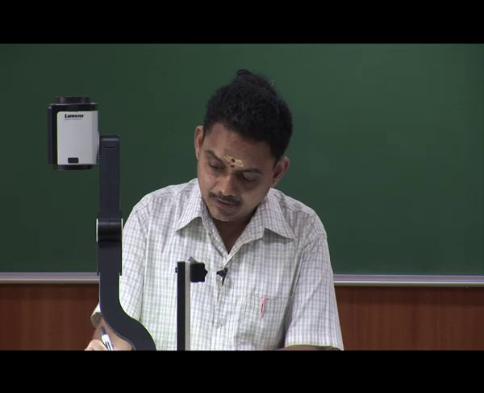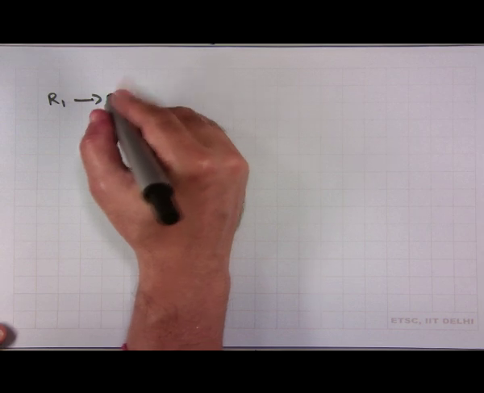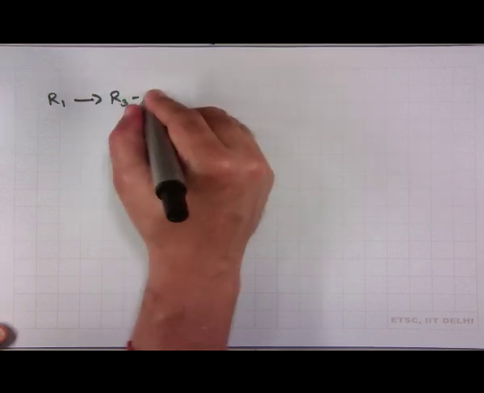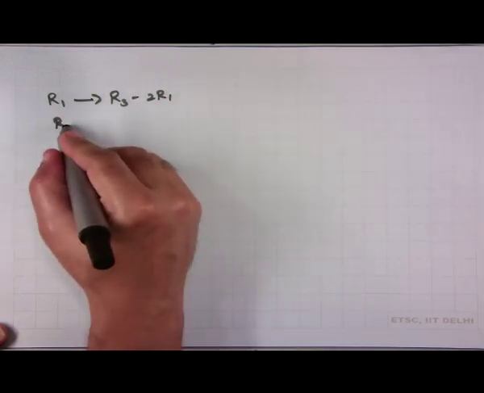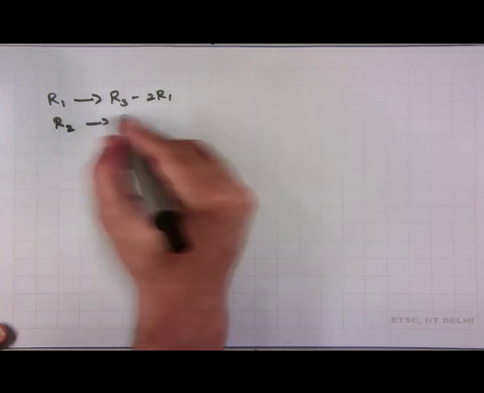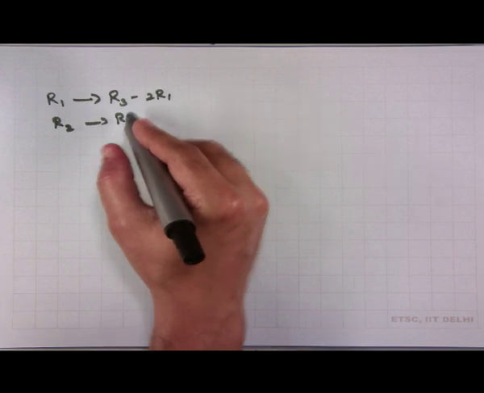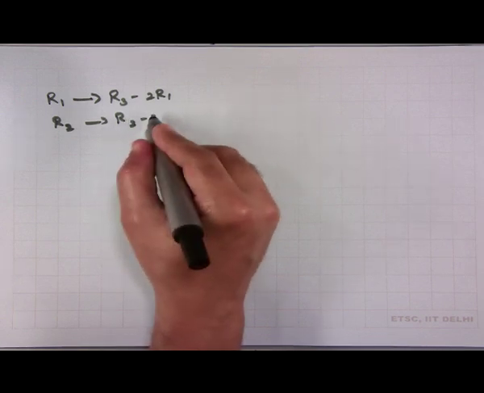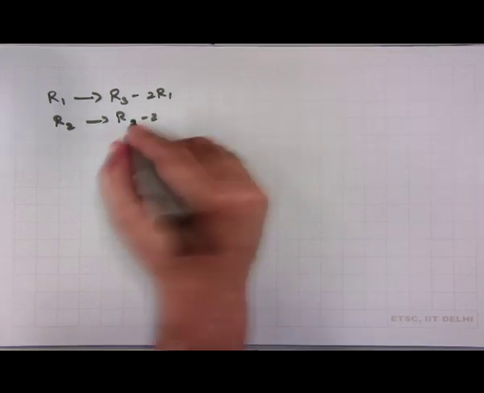R3 is replaced by R3 minus 2 times R1, and R2 is replaced by R2 minus R1.